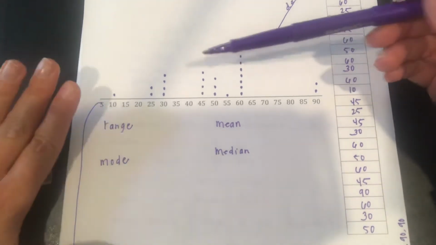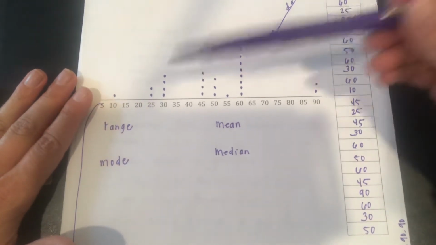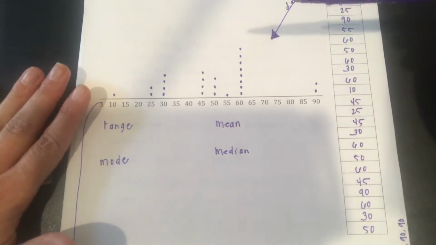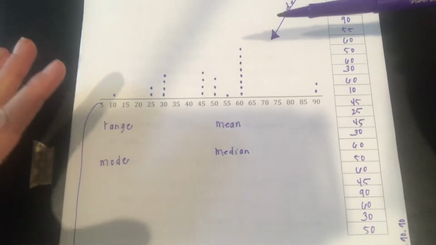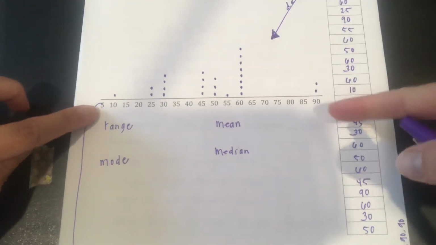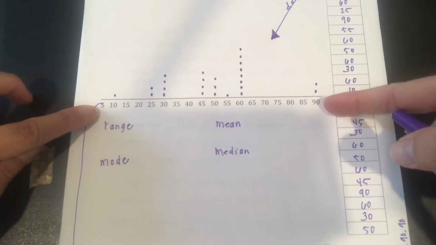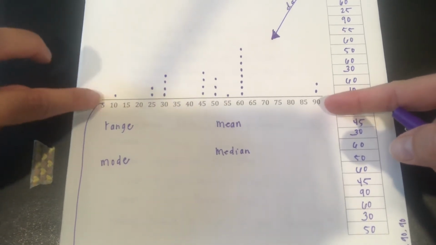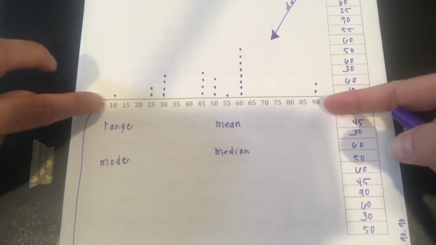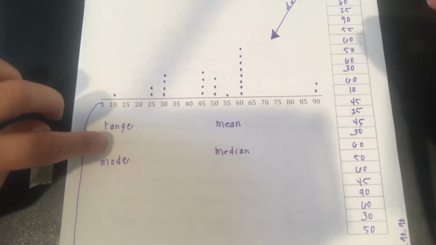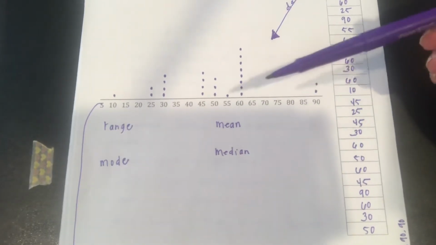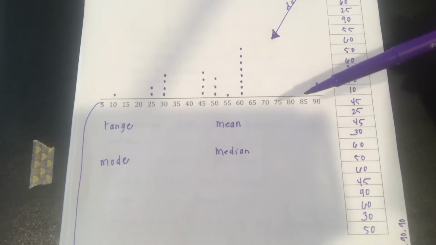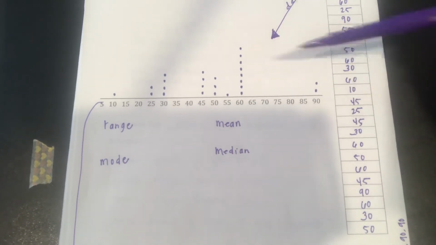Now, looking at the dot plot, I want to find the range. Well, my graph starts at 5 and it ends here at 90, but I don't have any data at 5. So in order to find the range, you take your highest number of accumulated data on the graph.